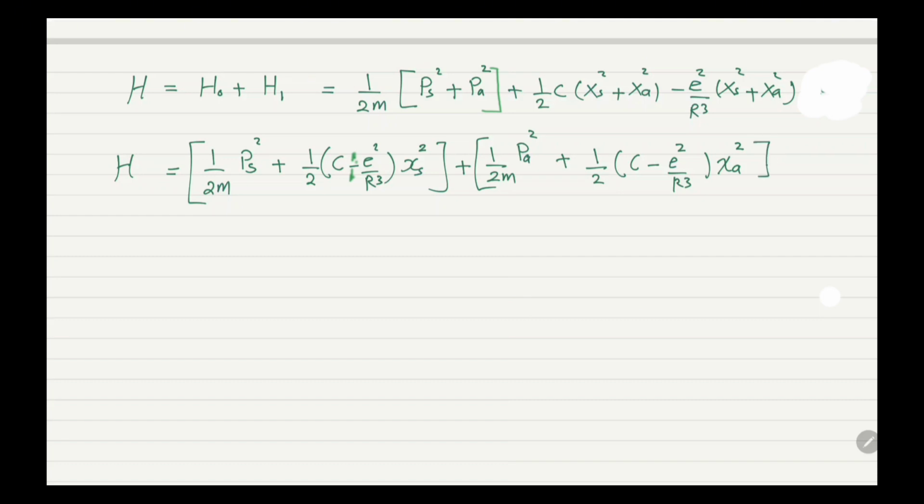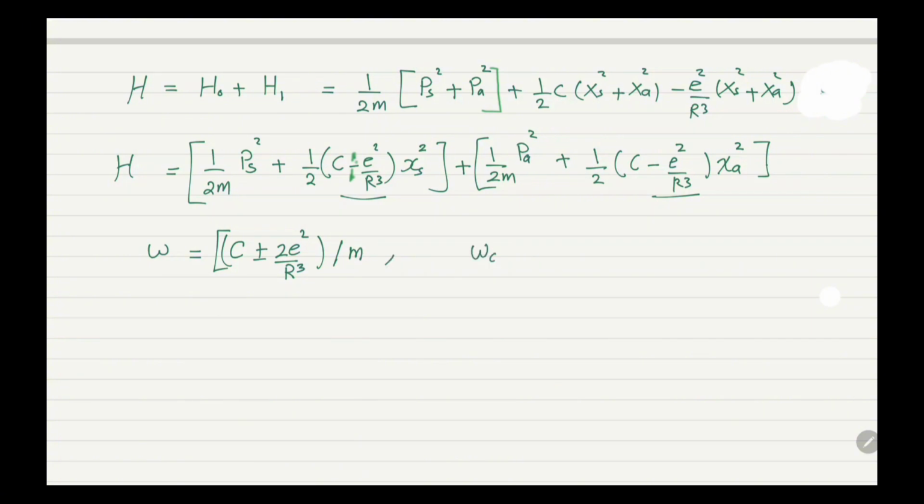And from this one here, we can see that we have two new frequencies, this one here and this one here. So omega in this case is equal to the square root of C plus or minus 2e square over r cube, divided by m.